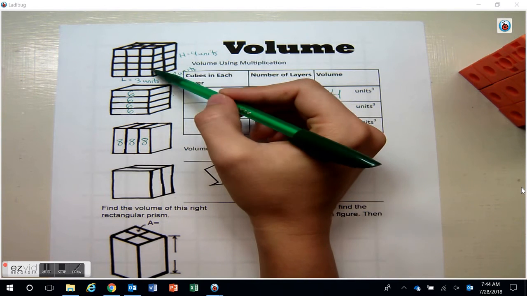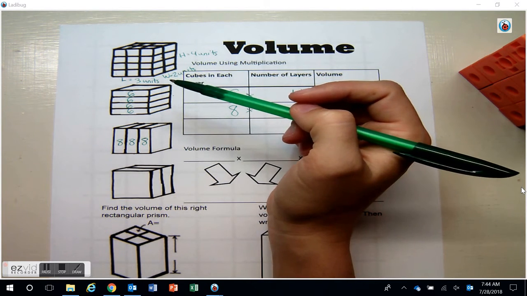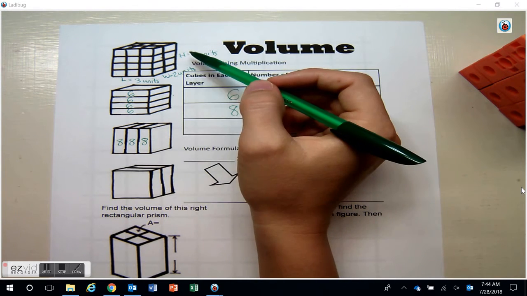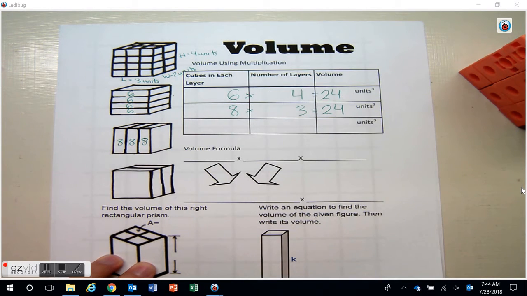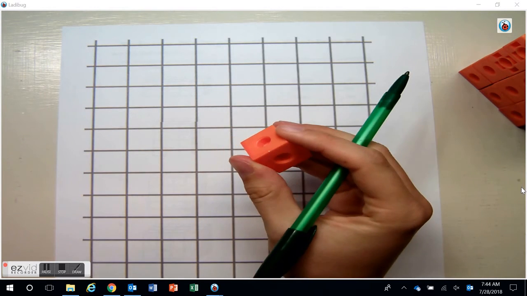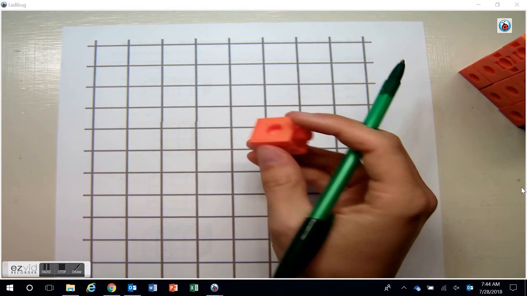Well, when we're counting this to find how many cubes are in each layer, really we're just looking at one of the faces of the right rectangular prism. Well, let's look at a simple 1 cubic unit right rectangular prism.